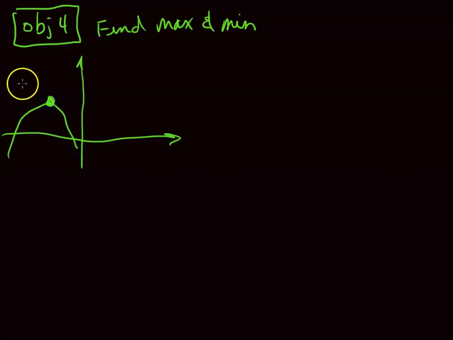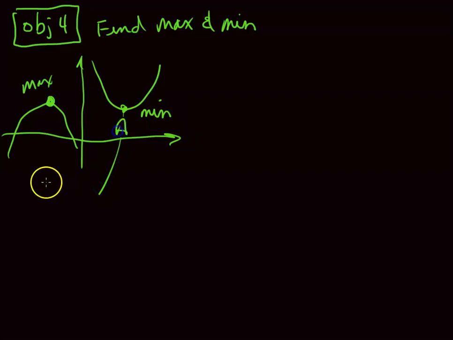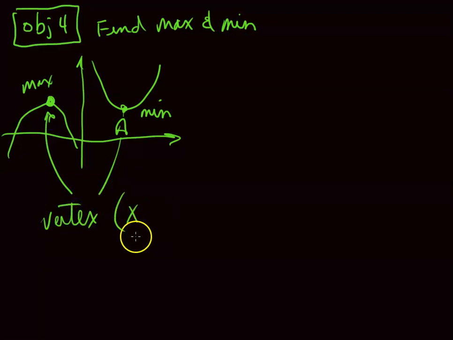If this opens down, it'll be a maximum. If it opens up, it will be a minimum. But all we need to find is the vertex. Now the vertex tells us two things. The x tells us where things occur, and the y tells us how much.